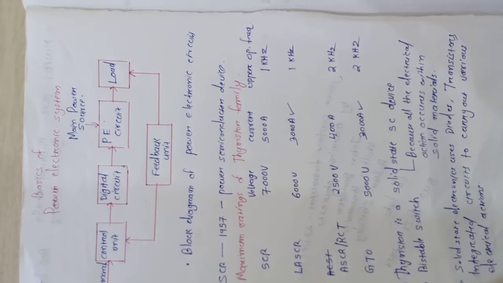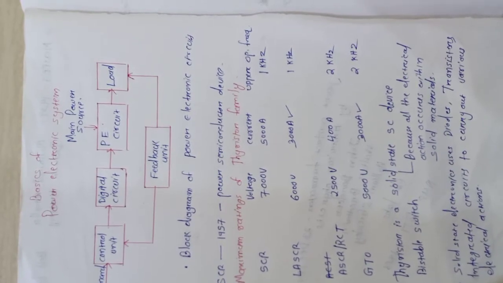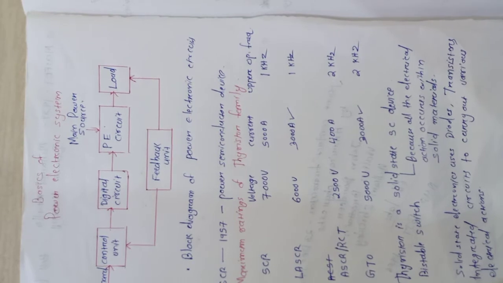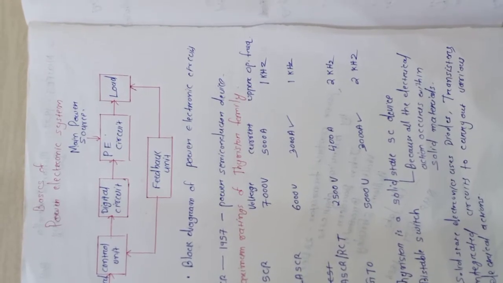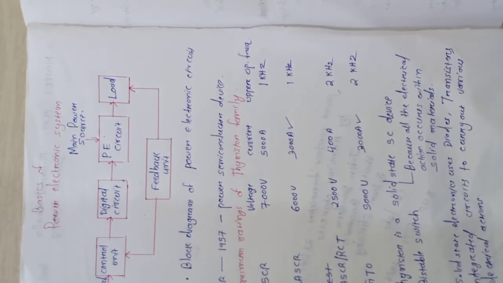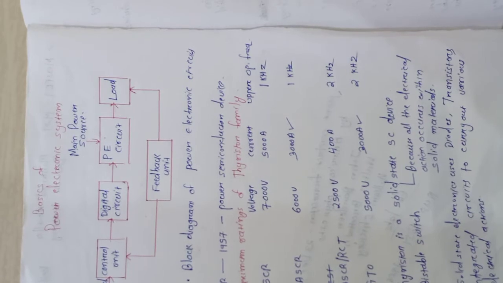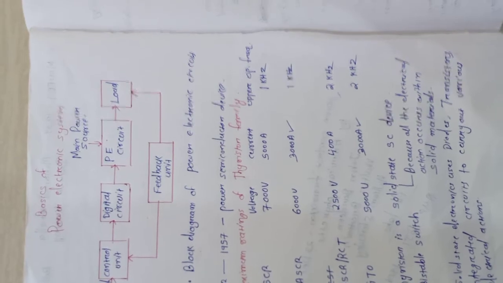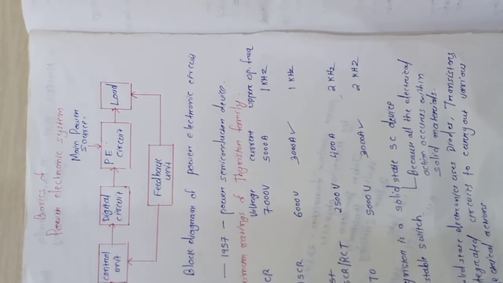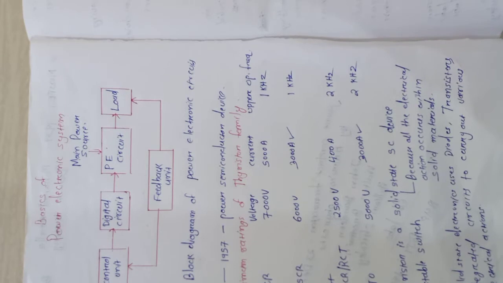Firstly, these circuits have a tendency to generate harmonics in the supply system as well as in the load circuit. So what does the power electronic circuit do? It generates harmonics in the supply as well as in the load circuit. So the load circuit performance is influenced.